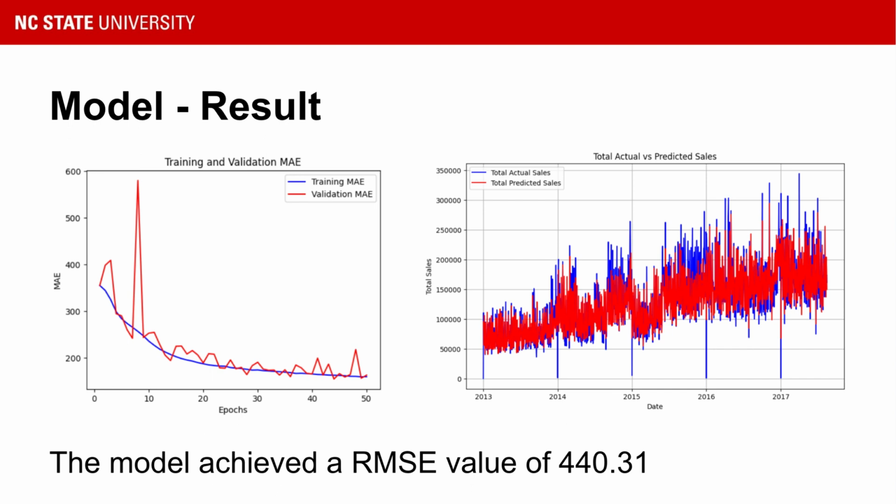Coming to the results of the model, you can see in the total predicted sales that this performs better as compared to the linear regression model, as it is fairly able to accommodate the spikes seen in the data. With this, we were able to achieve an RMSE value of 440.31, which is almost a 50% reduction in the error observed.